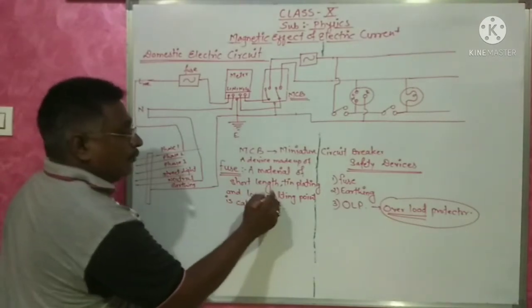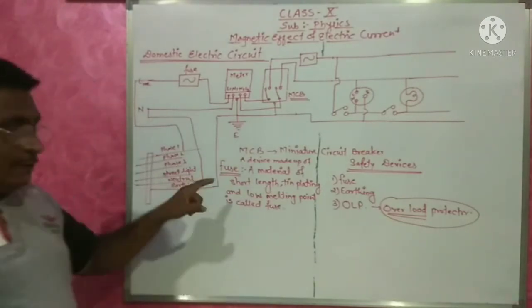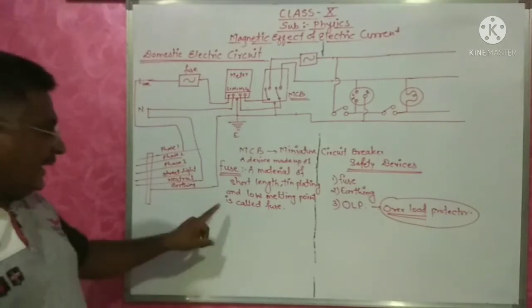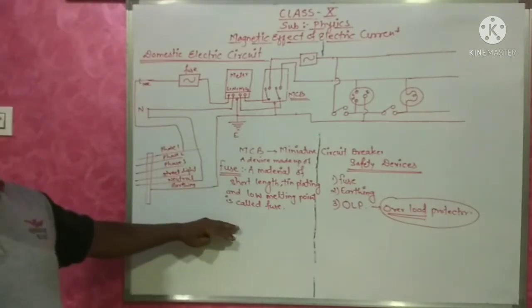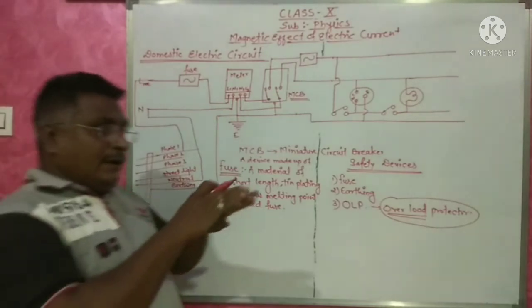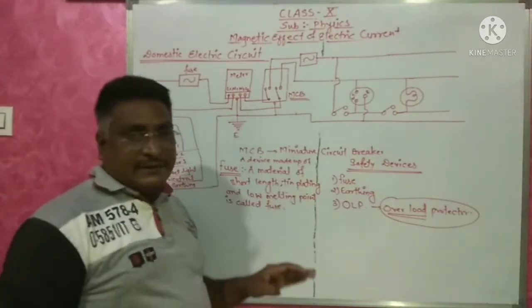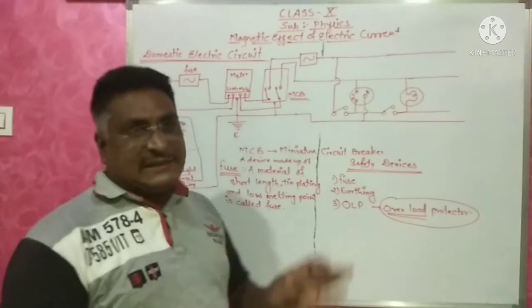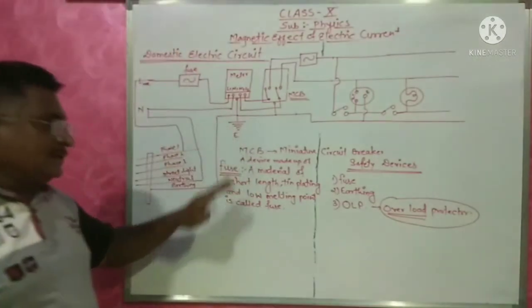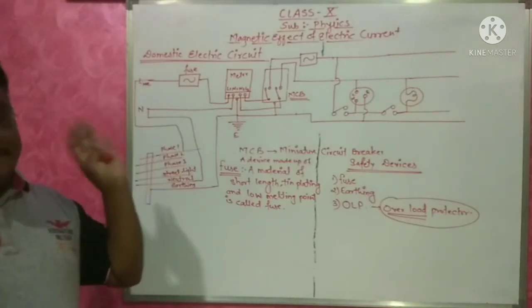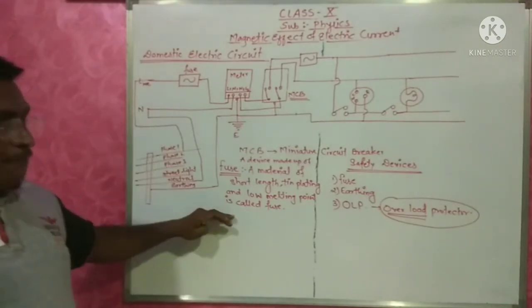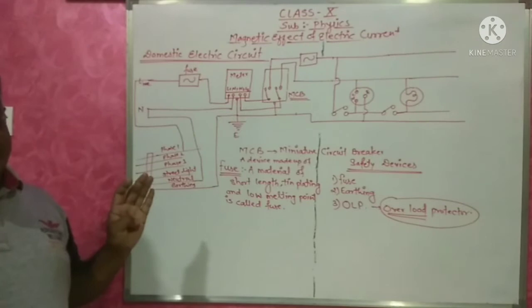Due to the low melting point, this fuse wire will melt and break. And due to the breaking of the circuit, extra current does not flow, and our devices and our home are protected from such accidents. So the fuse is a safety device.